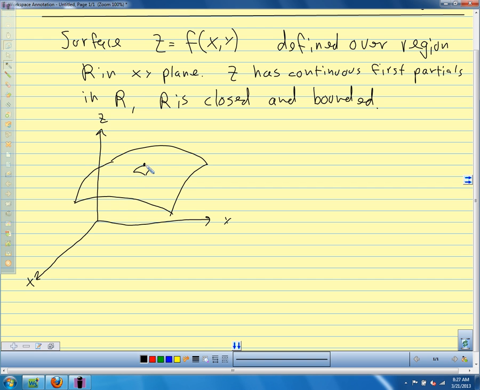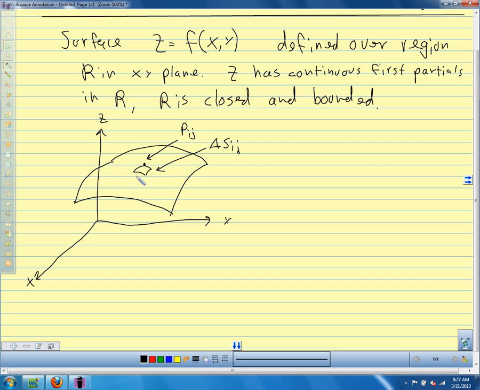And we're going to look at this point on the corner. I'm going to call this point ij. And we're going to call the area of this little piece delta S for surface area, delta S sub ij. And we want to sum these little pieces over our region.